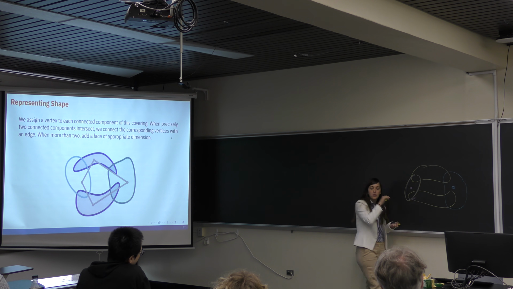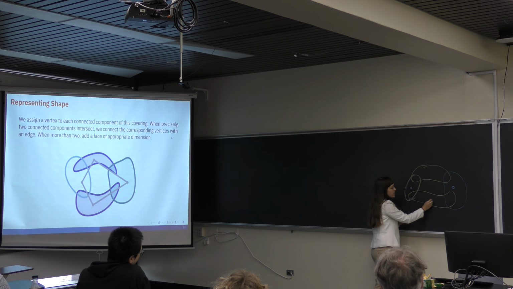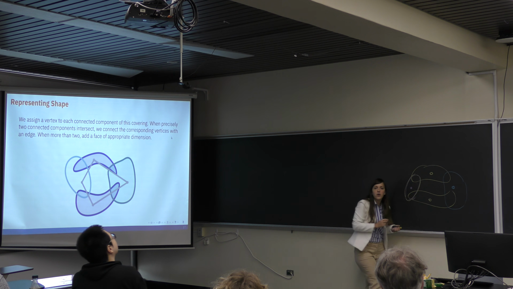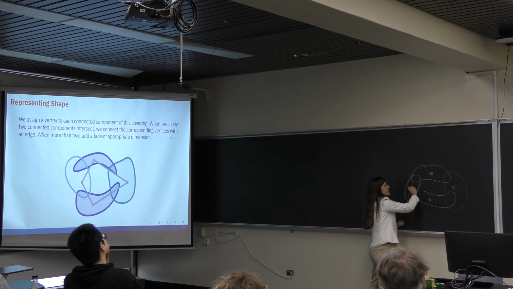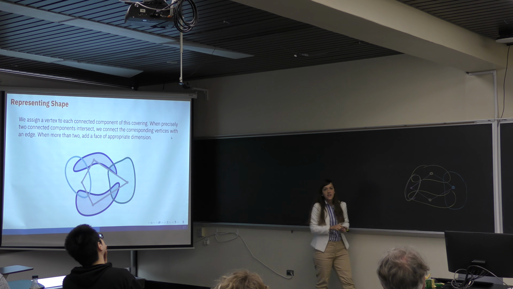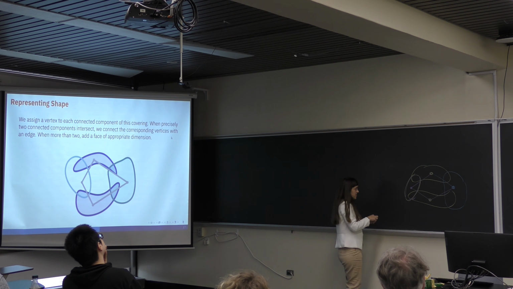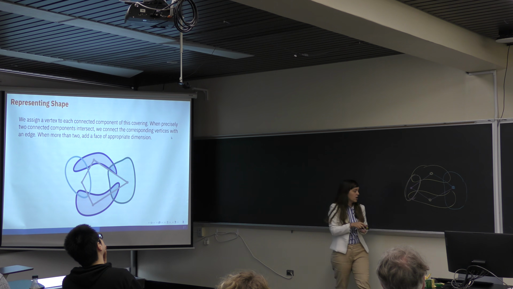Here we have in principle just one set in the covering, but it has 2 connected components, so for each connected component, I'll have one vertex. And then when 2 sets intersect, I connect them with an edge. So these 2 sets have an intersection, so I connect them with an edge. These 2 have an intersection, so I connect them, and these 2 and these 2. And then the combinatorial representation that I would get would be this graph that has a loop.